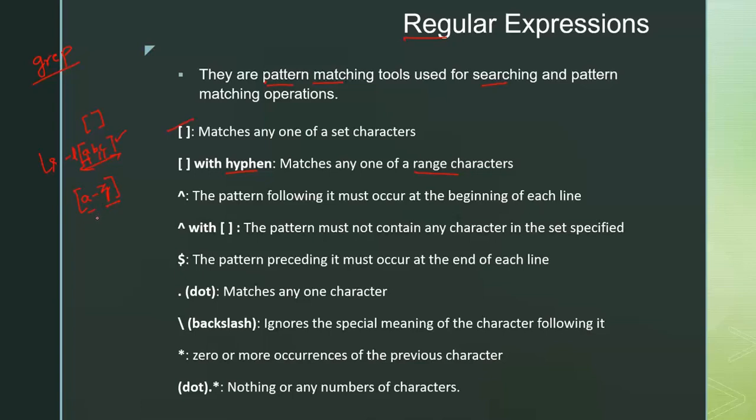Lowercase file names will be searched, not the uppercase file names. So these things can be mentioned whenever you're using a hyphen in the square brackets, which will represent a range of characters. If I'm not using a hyphen, it is going to represent a set of characters. Like if I write ABC, it is going to search only ABC characters and ABC file names.